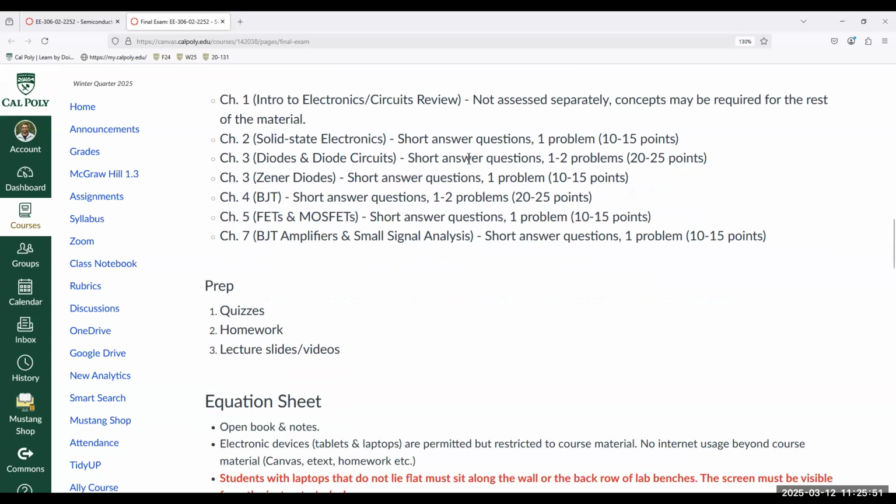Diodes and diode circuits: fundamental short answer questions, 1 to 2 problems based on the ideal diode analysis and load line analysis. And then Zener diodes: again, short answer questions, one problem. Pretty much this would be a choice either between a Zener voltage regulator or a load line analysis. I'm letting you know upfront, there are only two possibilities on the problem. It will be either one of those.